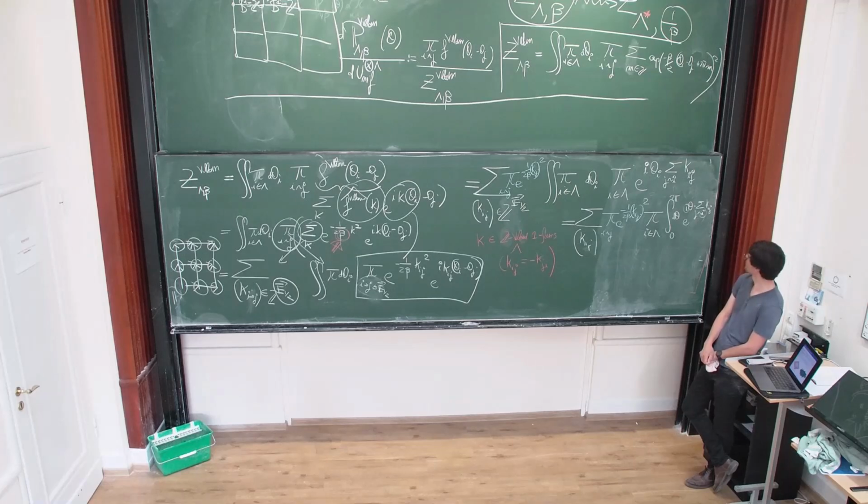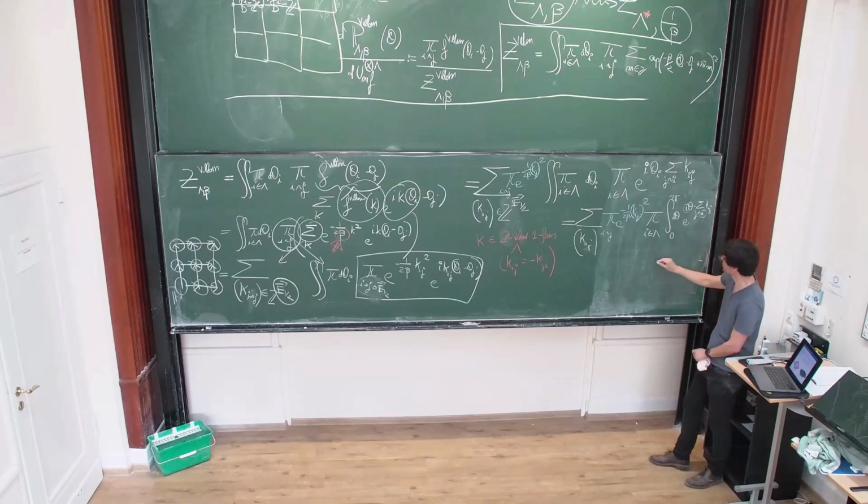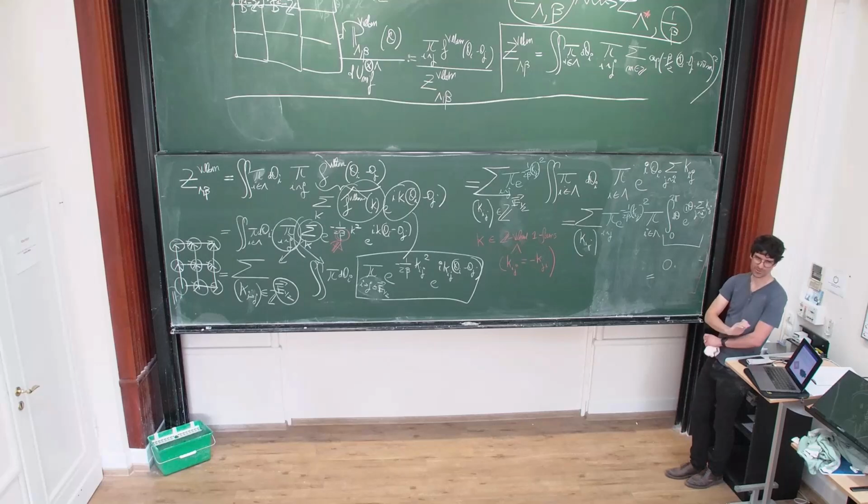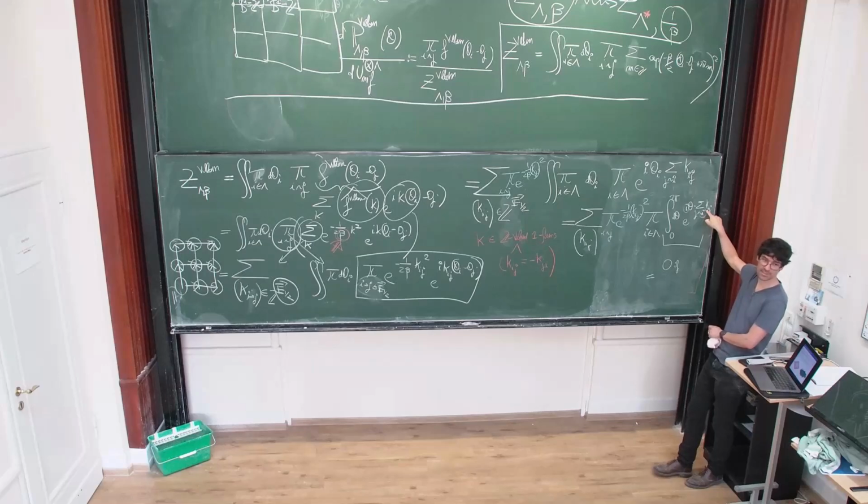I'm just slightly unhappy about one thing. I want to claim that this integral is zero. No, I'm happy actually. So this is zero if this sum, which is a divergence, is non-zero.